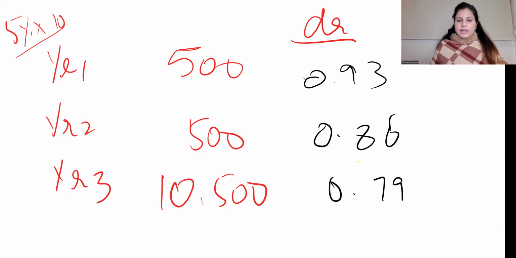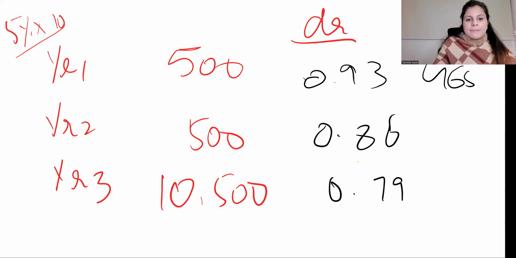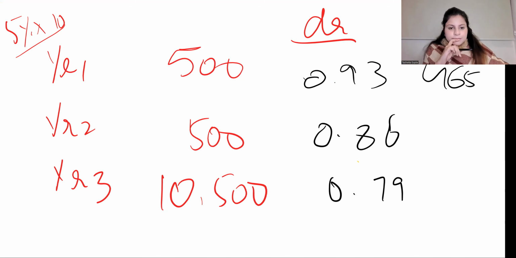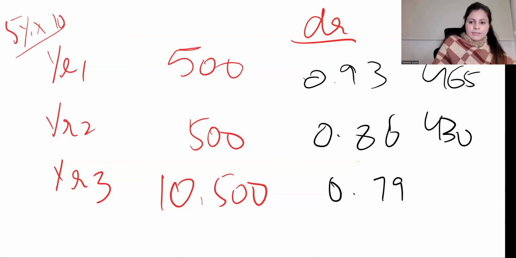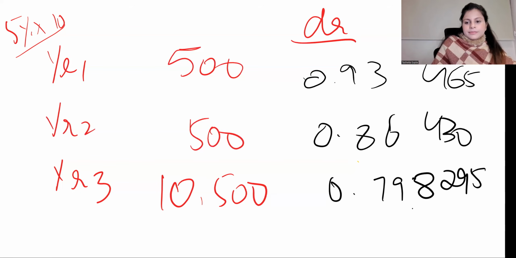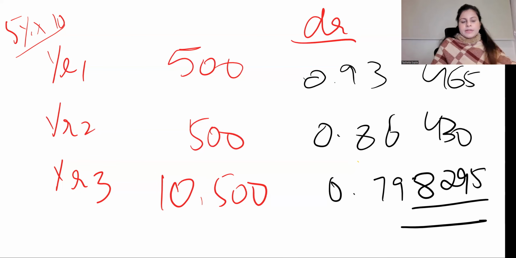Come on, quick. 500 into 0.93. 465. Then in year 2, 430. Year 3. Yes, year 3. 8295.